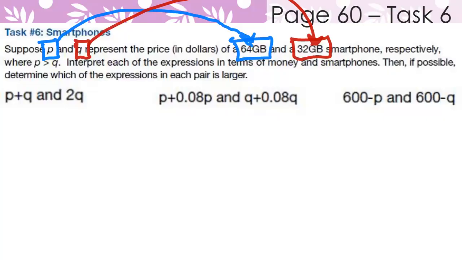All right, so here we go. What does P plus Q represent in this problem? What does it represent? P, right? And P is the price of a 64 gigabyte. So what does P plus Q mean?